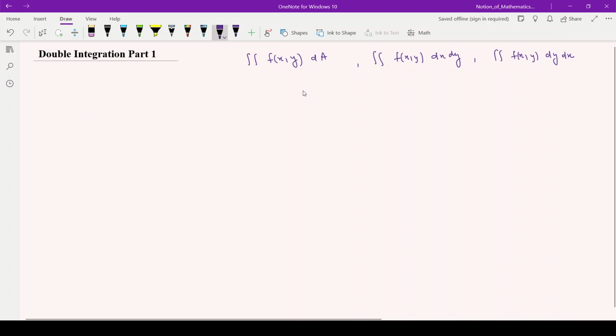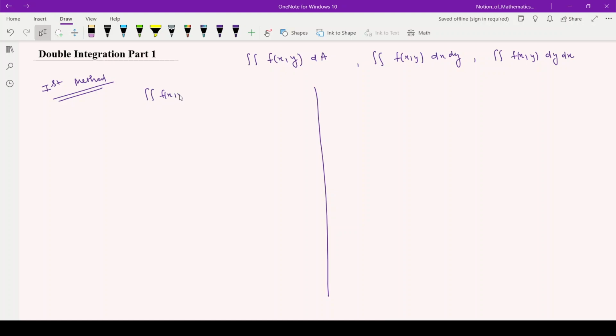Basically students, I will be telling you two ways to deal with the double integration. So if I talk about the first method, in this first method, in order to evaluate this double integration, I am considering that the limit of x is constant, suppose a to b, and the limit of y is variable, suppose y1 to y2.